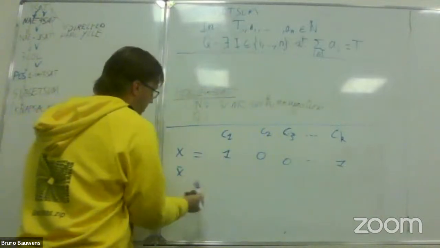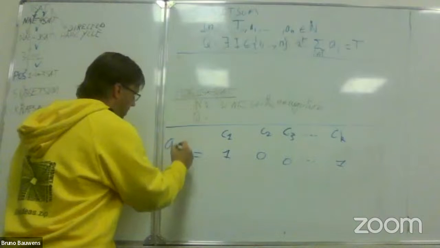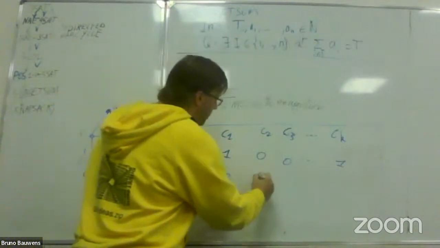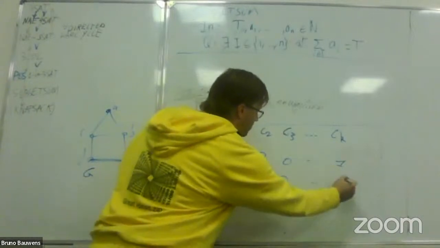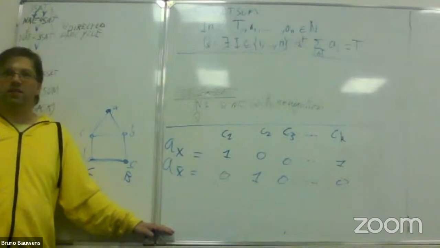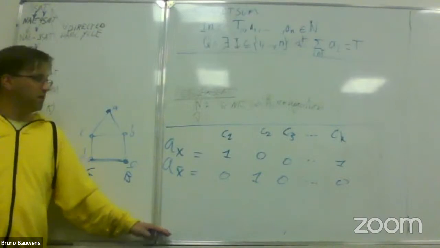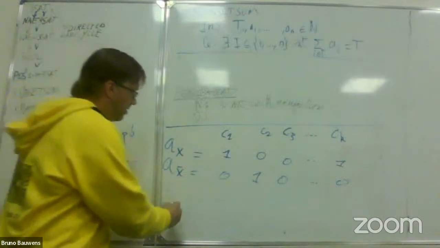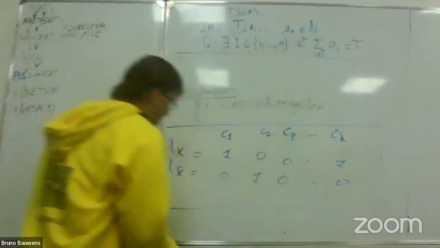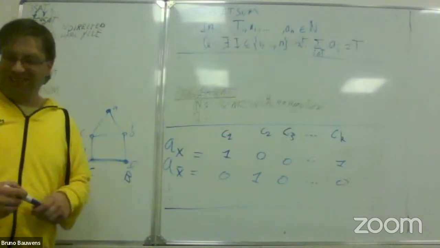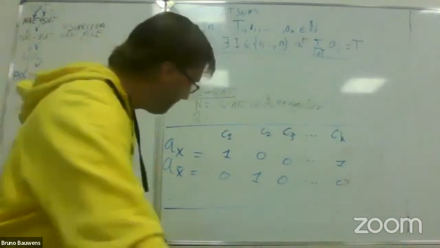Then for not x, we will also make a number, equal to all clauses that contain not x. We do this for all literals. Sorry, we don't have negated literals, so we don't need this, just one number for every variable.